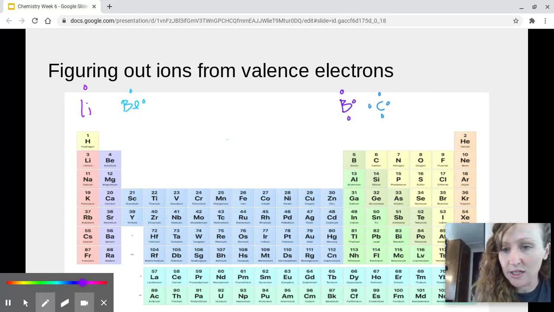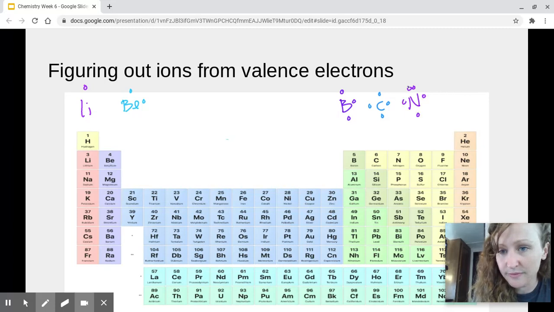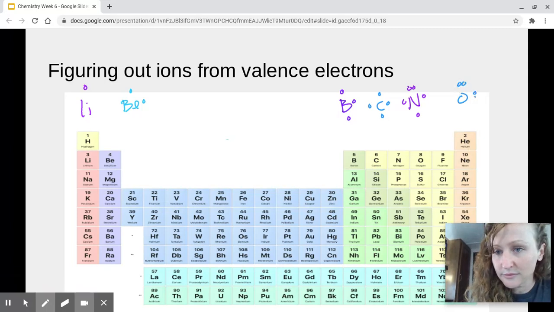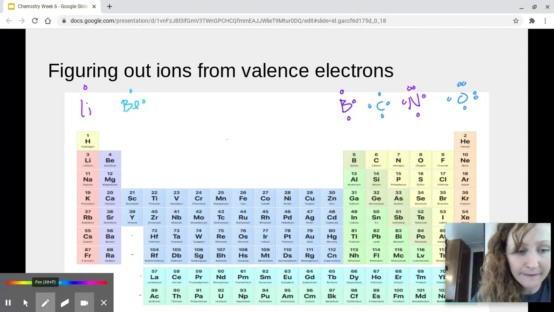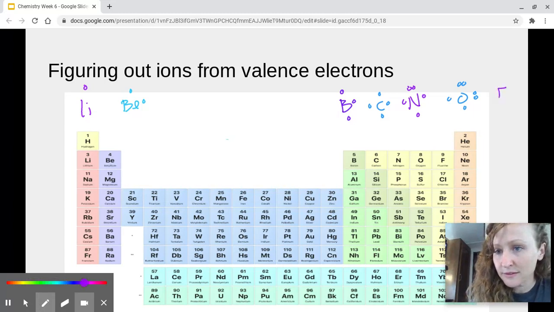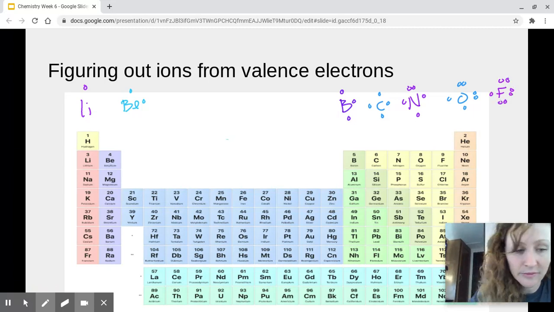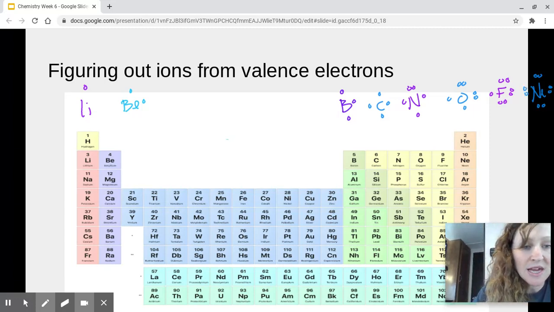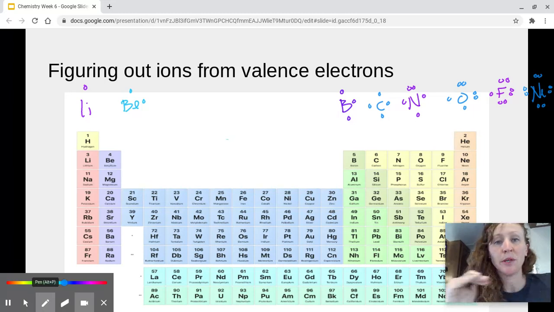So I'll do it quickly here, and you can go find that chart so you don't have to do it again. All right, so here is my entire second period written out in terms of Lewis dot diagrams.